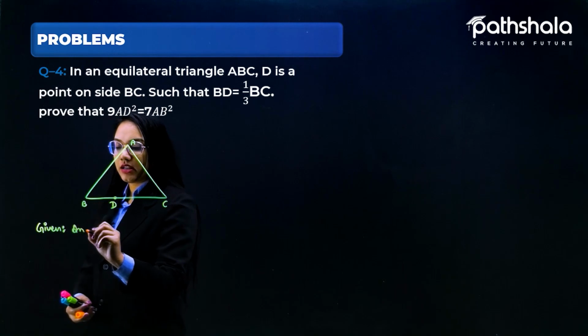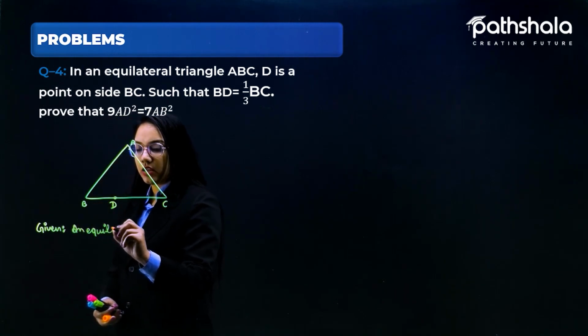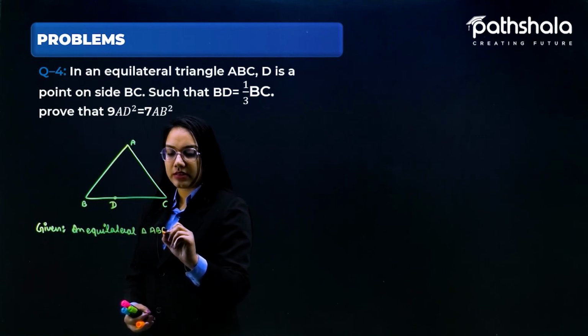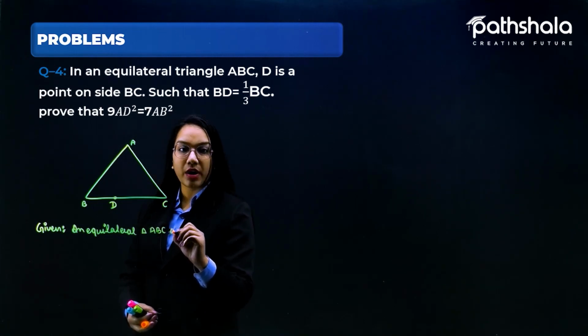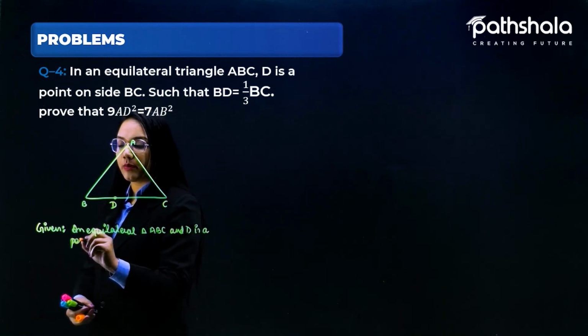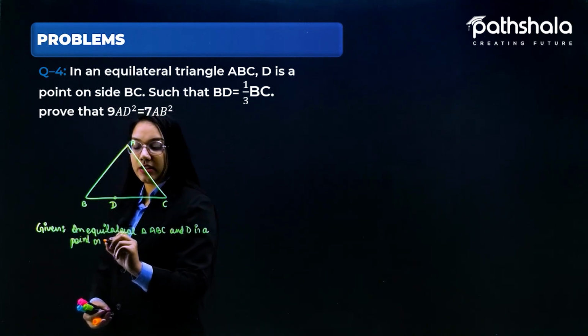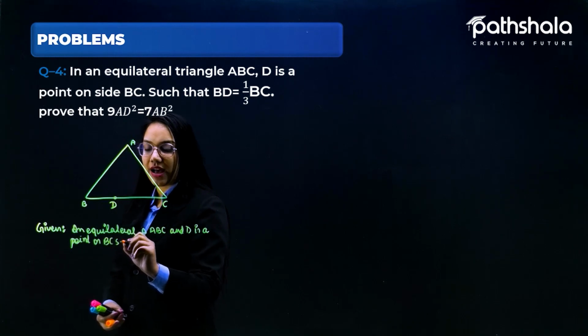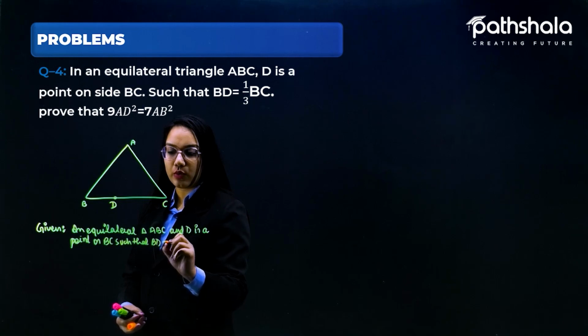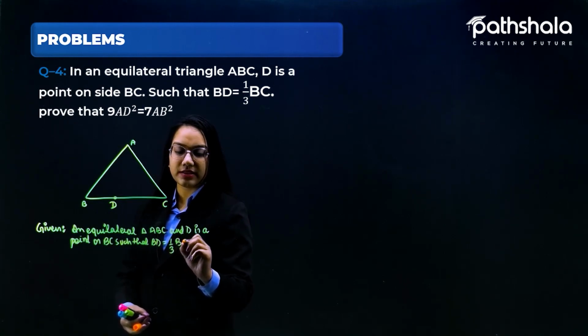Given an equilateral triangle ABC and D is a point on BC such that BD is equal to 1/3 of BC.